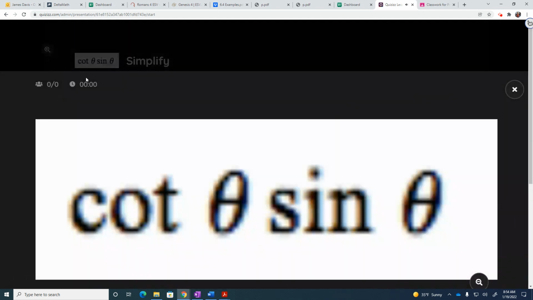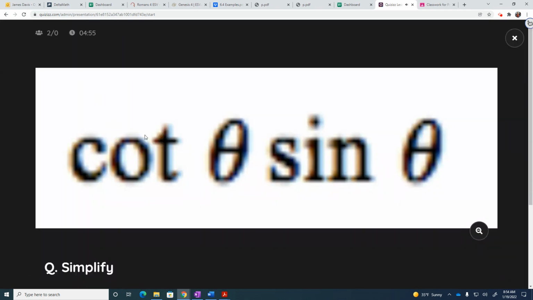Alright, this one you gotta do a little bit of work. So you can probably think of which one you're going to replace, cotangent, right? And then see what cancels.